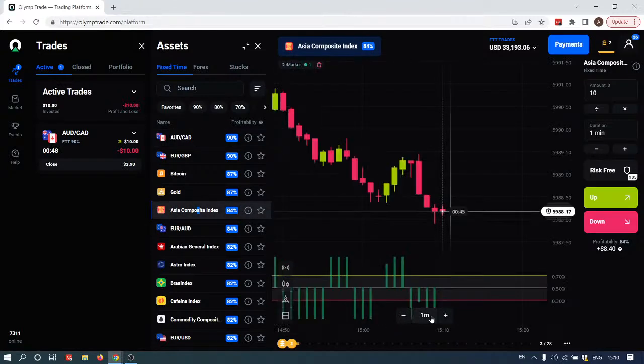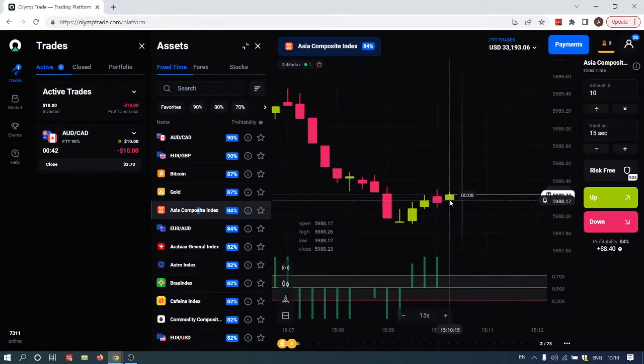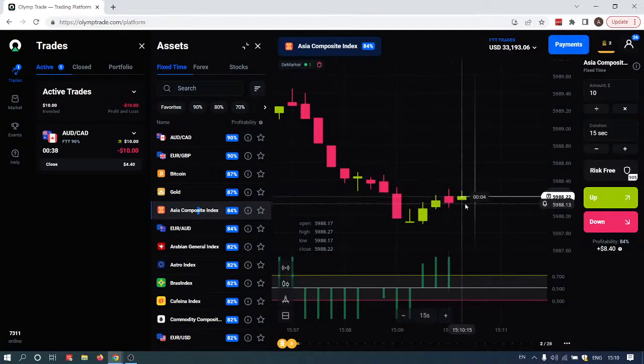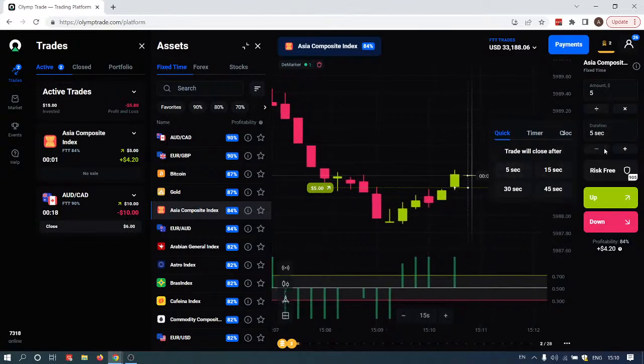Now, another interesting thing you can do is something a little bit more crazy and more intense, I would say: you switch to 15-second candlesticks, and you can also start opening these 15-second trades on those assets where the minimum trade duration is 15 seconds.